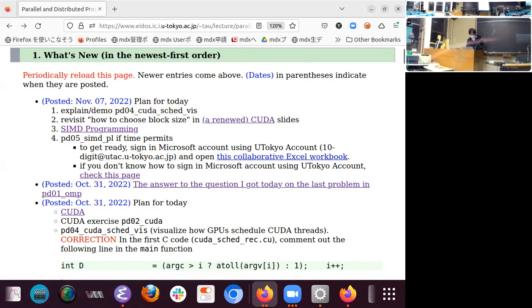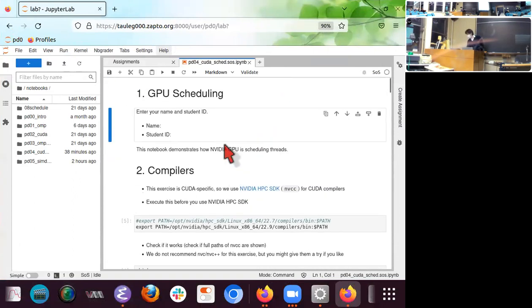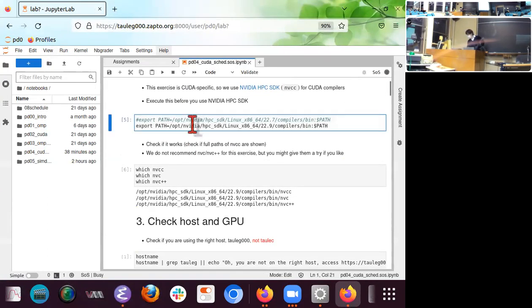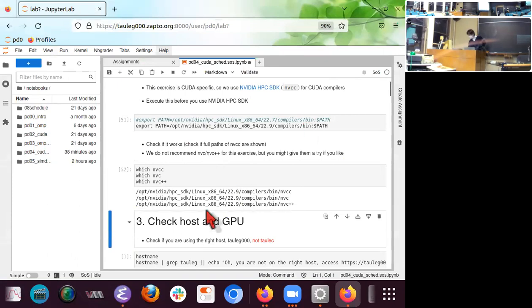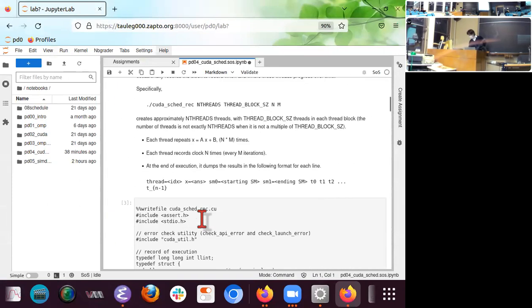So let me start with the demonstration of this CUDA scheduling thing, on PD04 CUDA sched.cu. Just to prepare, make sure we have the compiler in the path.